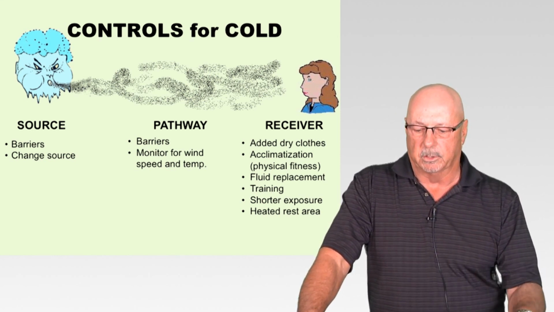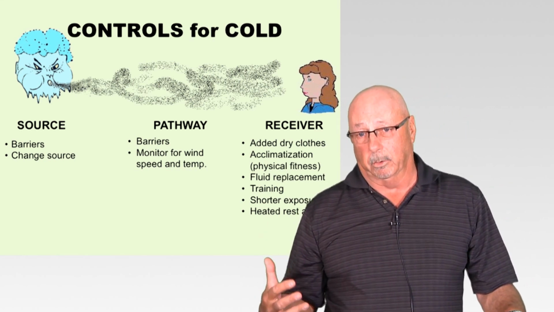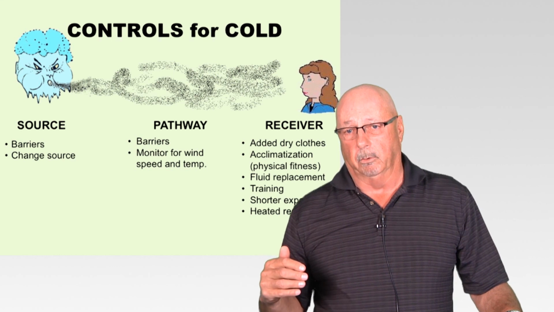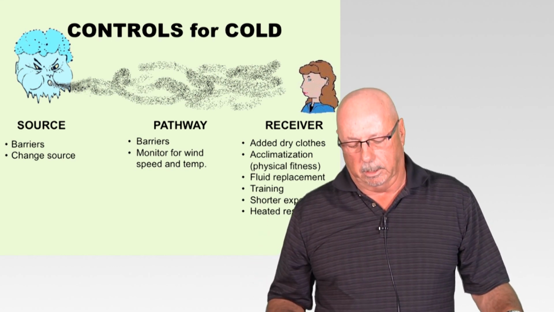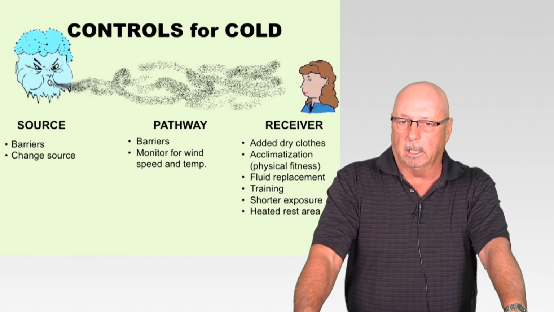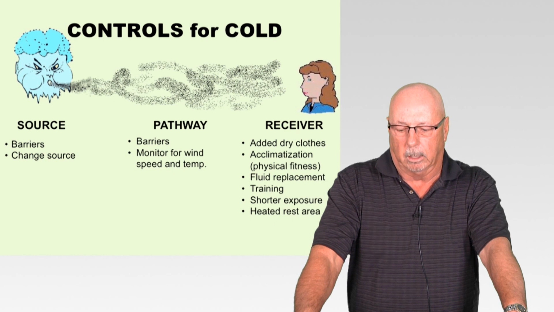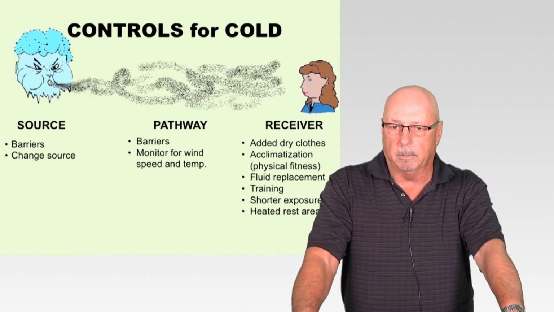And then finally at the receiver, make sure that we have appropriate clothing, dry clothing. Again, we want to try to do acclimation, making sure that people are physically in good shape. We want to do fluid replacements and training. Education and training are paramount. And then if we have to, regulate the exposure times.